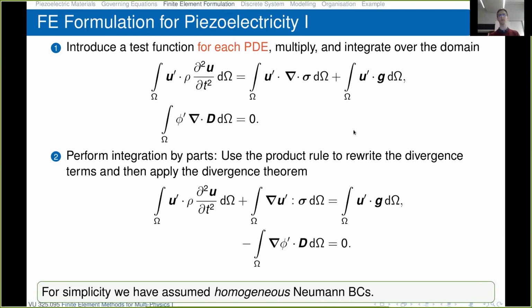We use the product rule to rewrite the divergence terms and then apply the divergence theorem. And here, for the sake of simplicity, we have assumed homogeneous Neumann boundary conditions just to make the writing shorter. But for the case of inhomogeneous Neumann boundary conditions, you have the formulations for each of the PDEs in the respective mechanics and electrostatics lectures.